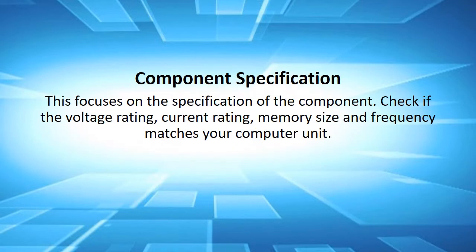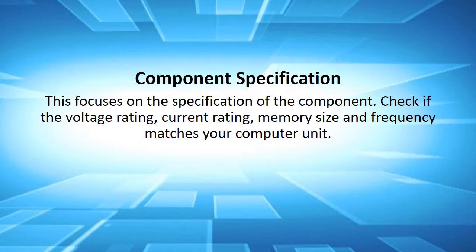Next is the component specification. So this focuses on the specification of the component. You need to check if the voltage rating, current rating, memory size, and frequency match your computer unit.